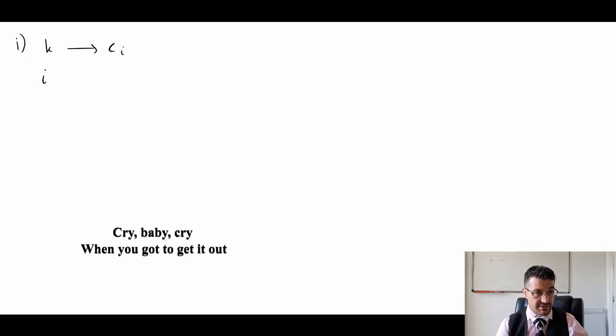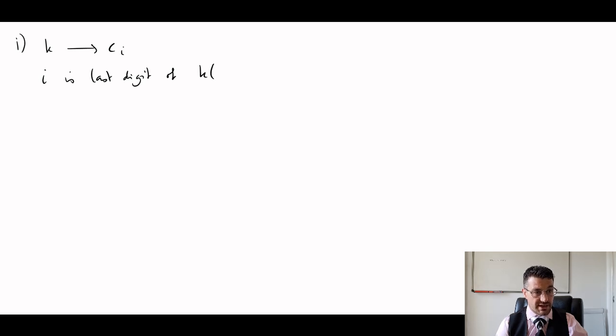Okay, so the first problem is: the kth sweet is given to child C_i. Explain why i, that's the index we're talking about, is the last digit of the number k times (k plus 1) over 2.